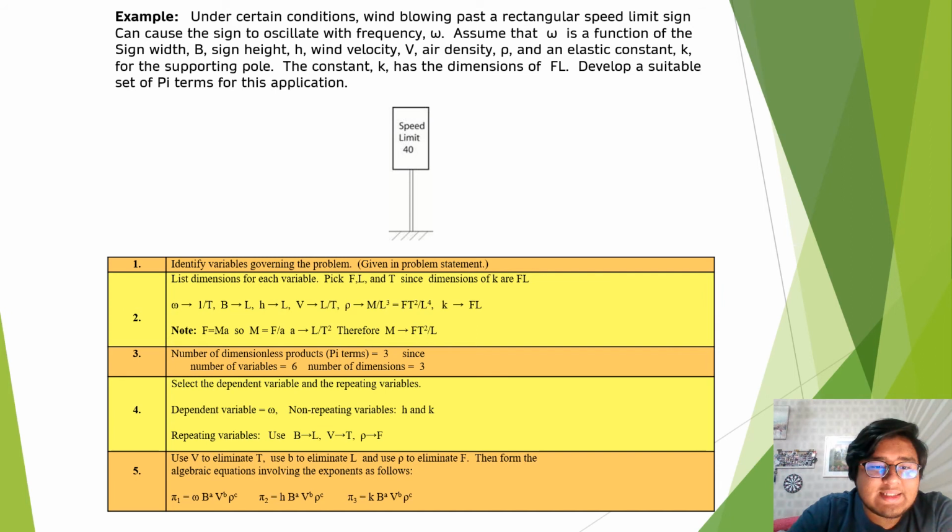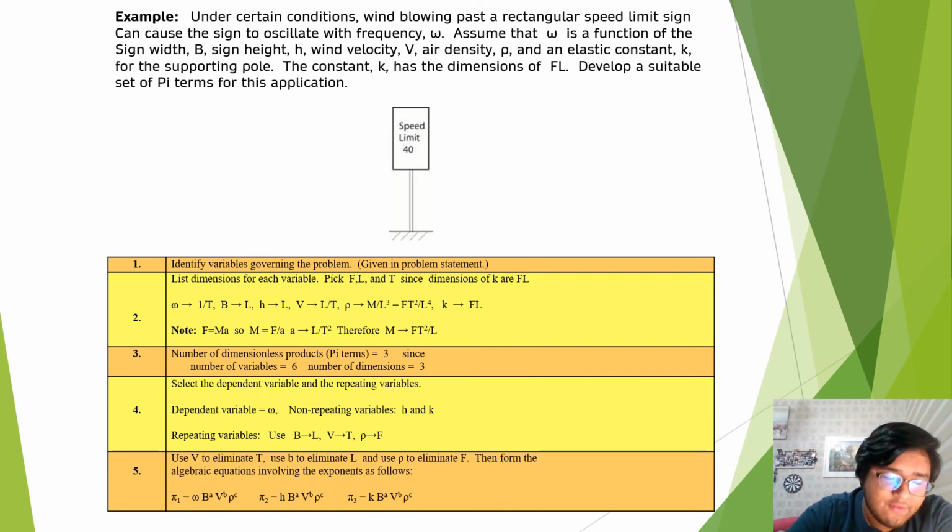That is the third step. Move on to the fourth step: select the dependent variable and the repeating variables. The dependent variable is frequency, the non-repeating variables are H and K, and the repeating variables we use are B, V, and rho. So that is the repeating variables.